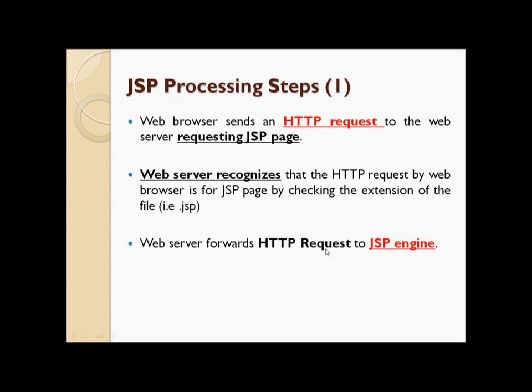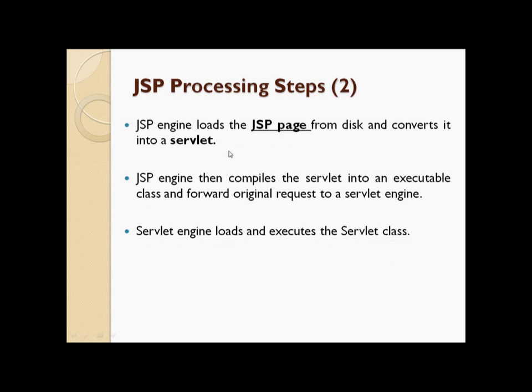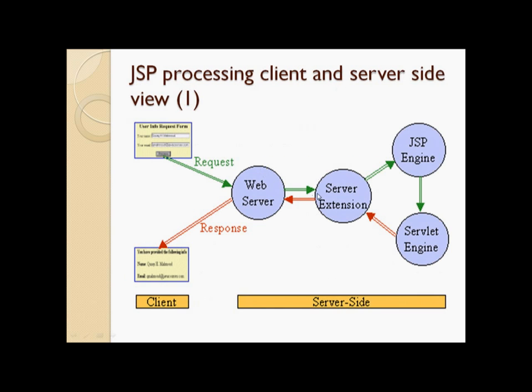And then the same thing is written here. So overall responsibility is given to the JSP engine. Here you can see the JSP engine loads JSP pages. Whenever any request comes from the client, it will be forwarded to the web server. Then the web server will forward the same request, in the form of a JSP page, to the JSP engine, where the JSP page will be stored in the JSP container.